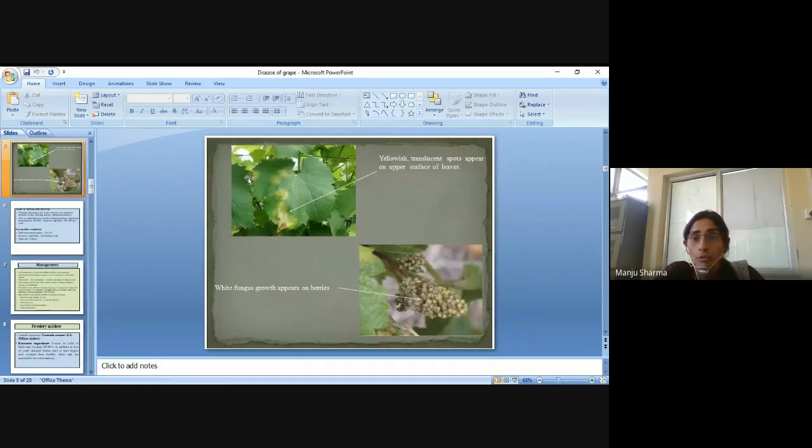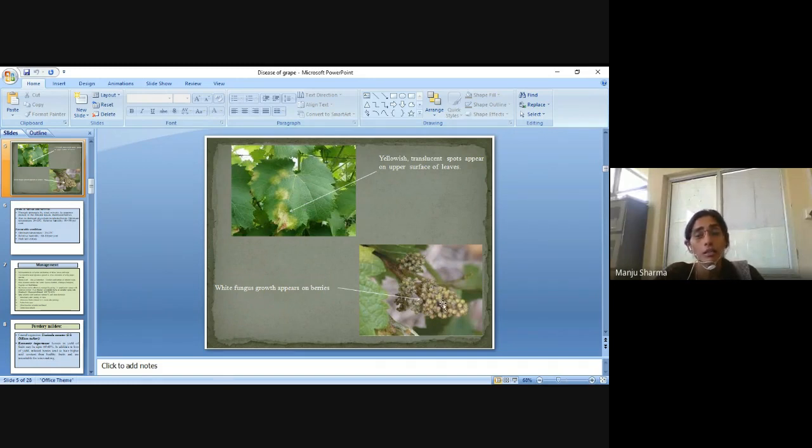Here you can see yellowish translucent spots appear on the upper surface of the leaves. But in the case of powdery mildew disease, the major symptom looks like a powder-like structure, while here the spots are yellowish and translucent on the upper surface of the leaves.